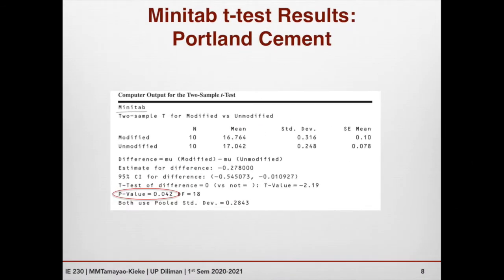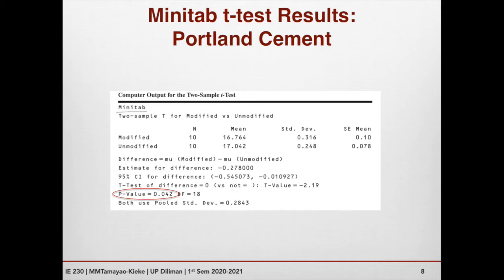So in our Portland cement example, given our Minitab results, our p-value is 0.042. Again, what does 0.042 mean? It means that, assuming that our null hypothesis is true, and remember that our null hypothesis is that the mean tension bond strength of the unmodified formulation is just equal to that of the modified formulation, meaning their difference is equal to 0.